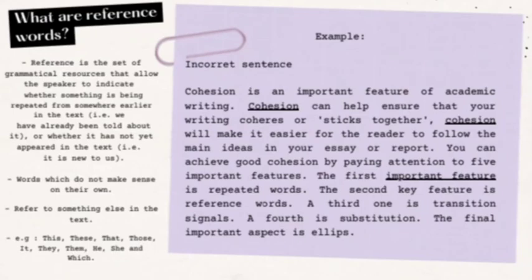You can achieve good cohesion by paying attention to 5 important features. The first important feature is repeated words. The second key feature is reference word. A third one is transition signals. A fourth is substitution. The final important aspect is ellipsis.